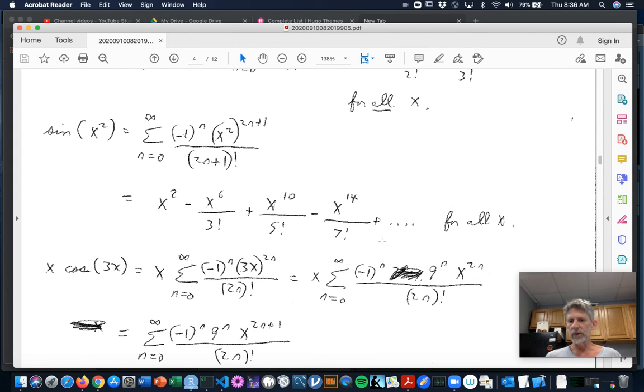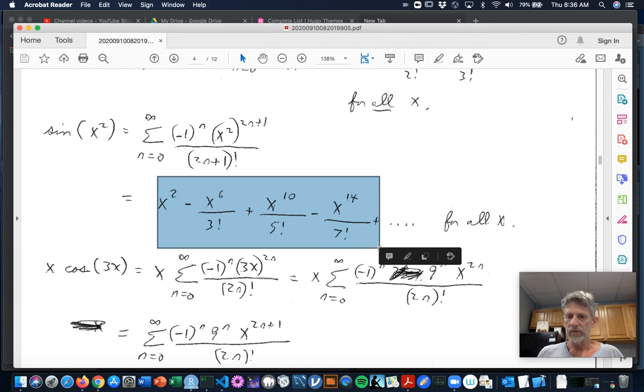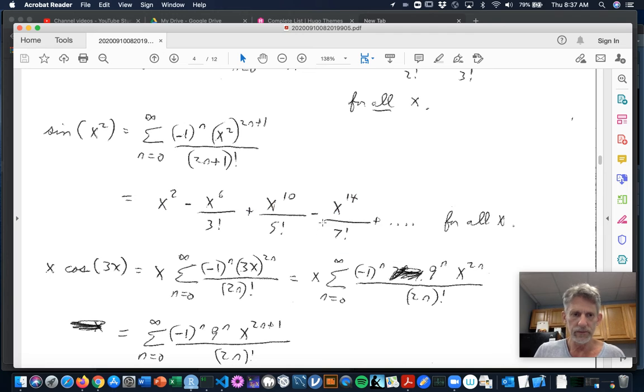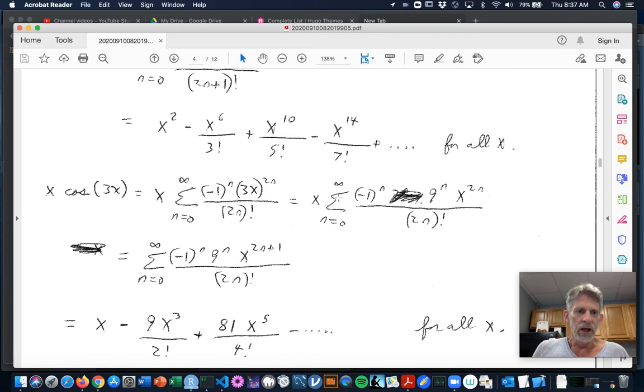And remember, the real good use of this is that if you need to approximate sine of x squared for some number, you could just take some of these terms and add them up and get an approximation, and the approximation would be better the more terms you take. What about something like x times the cosine of 3x?